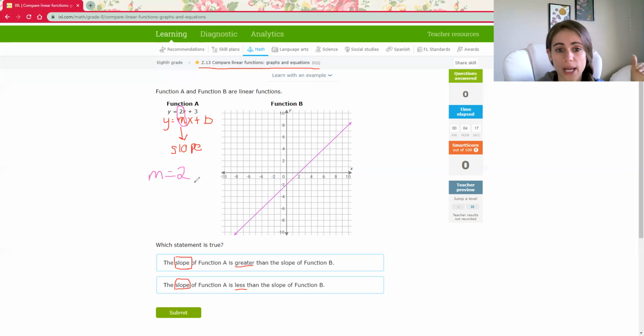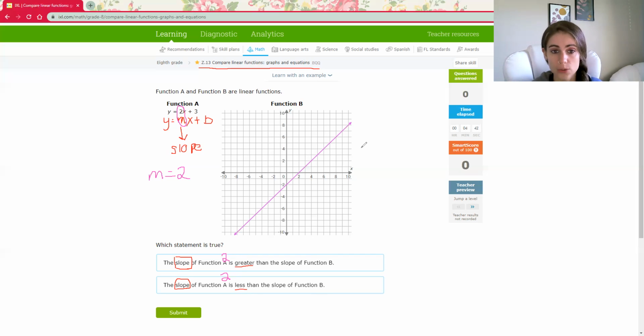Not only am I going to write it here, but I'm also going to write it with my statements, because then when I read my statements, I remember function A has a slope of 2. Now let's find the slope of function B from our graph. Remember, when we have a graph and we're trying to find our slope, we have to calculate it.